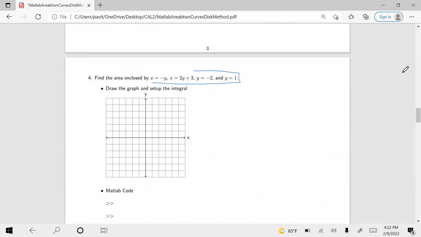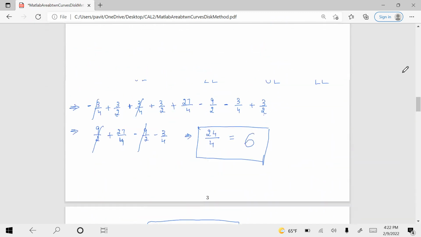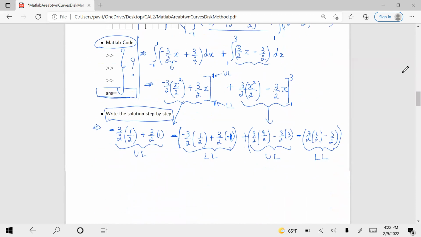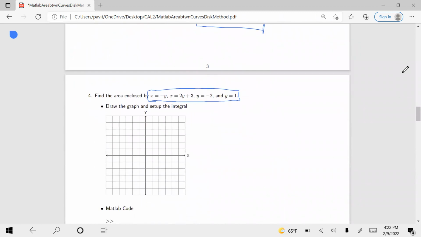The only difference is that in the previous problem we had y as a function of x, and for x we just had a number. But when it comes to problem 4, we have x as a function of y, and y is just a constant.